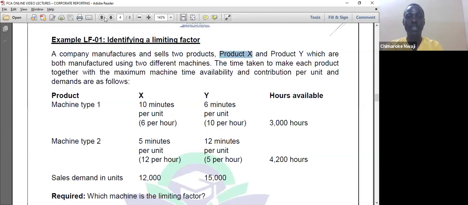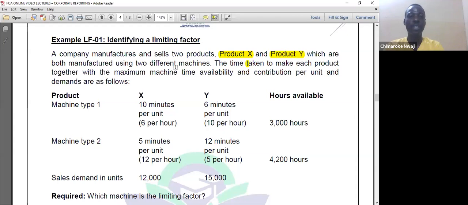So you have product X and product Y. Both of them are the products that the company is currently making.